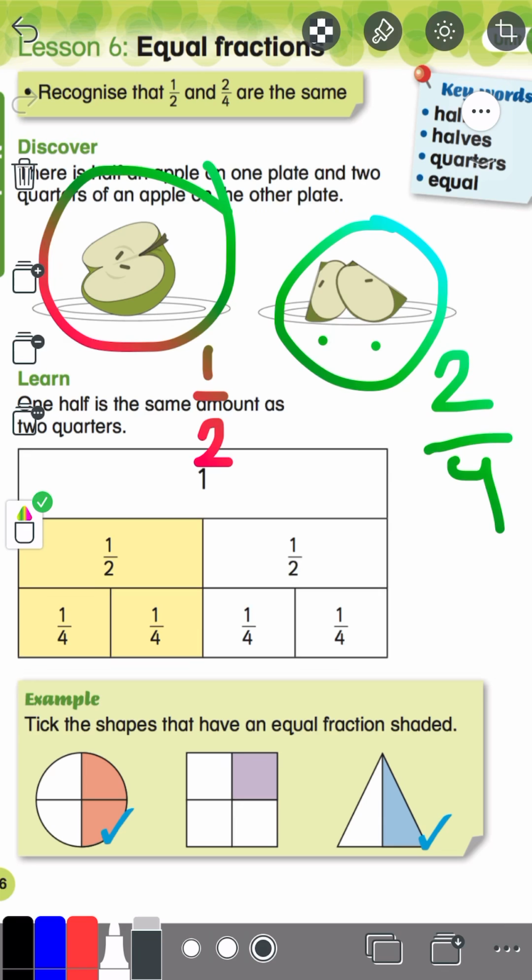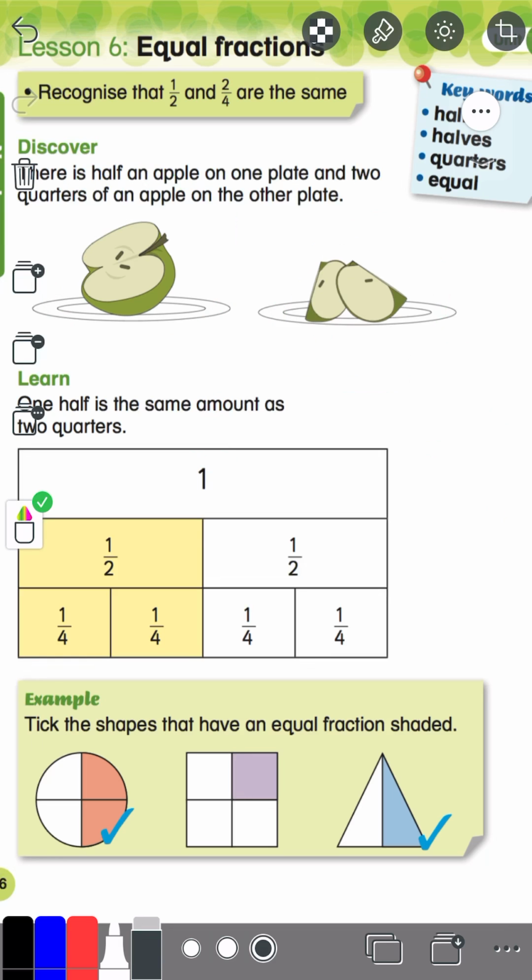So this half an apple equals these two pieces, 2/4. And we call 1/2 equivalent to 2/4.